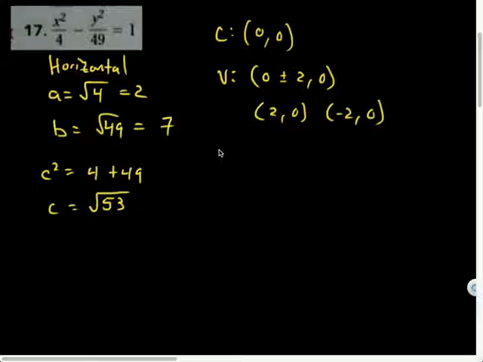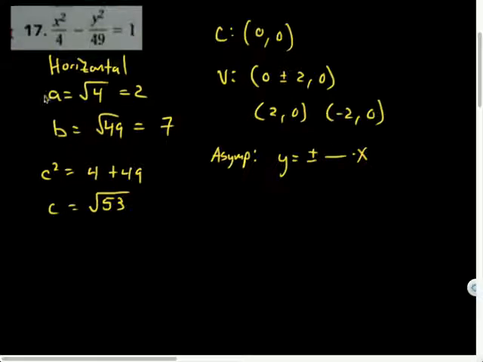The asymptotes, I sometimes save those till the end. But let's see, it's going to be y equals plus or minus some slope times x minus h, which is 0, so times x, I don't even need the parentheses, plus k, and k is also 0. So let's see, is it going to be b over a or a over b for the slope?